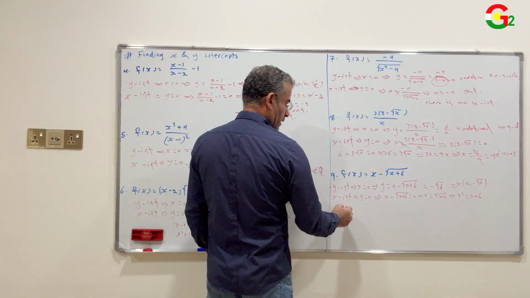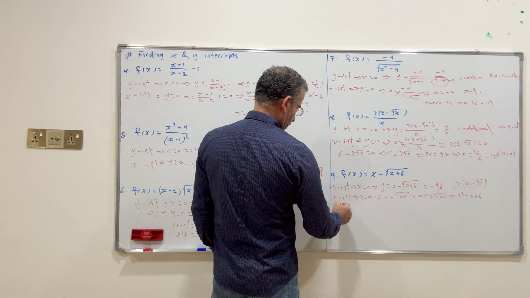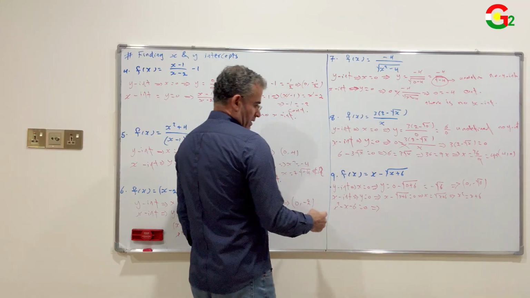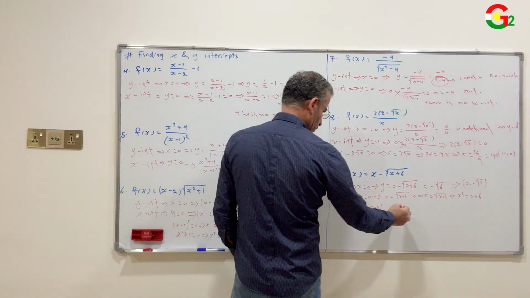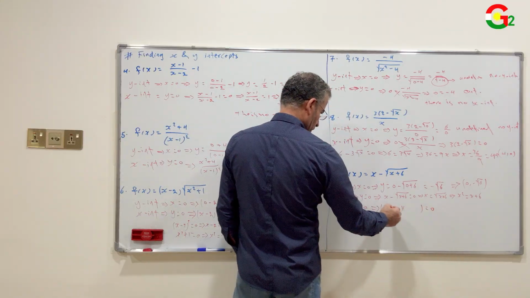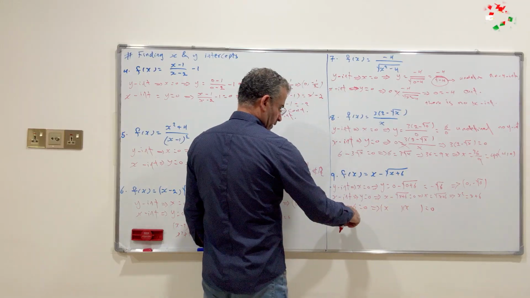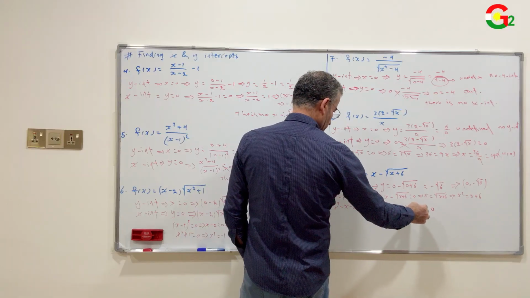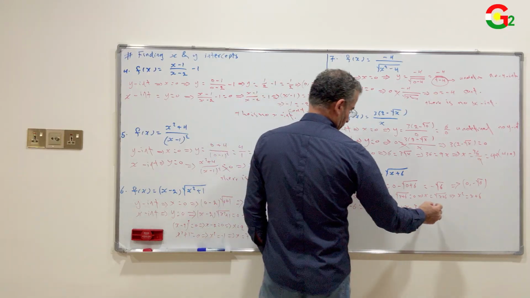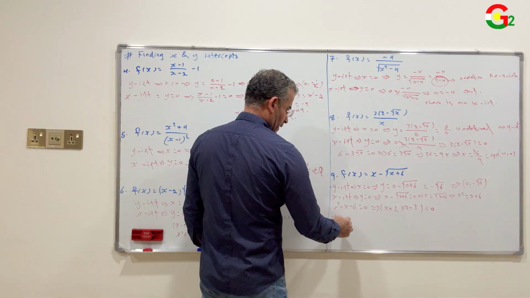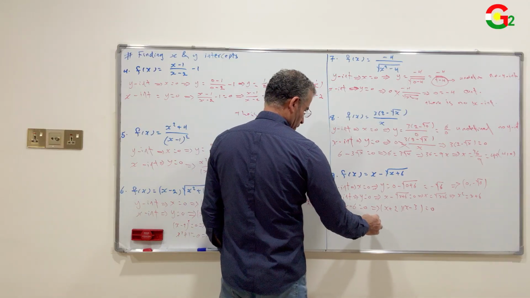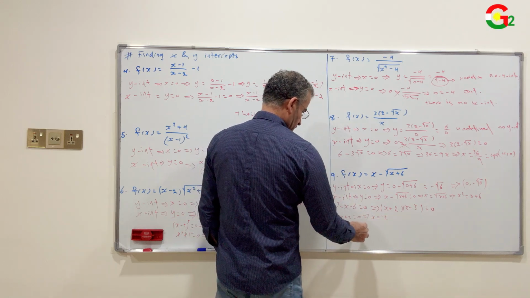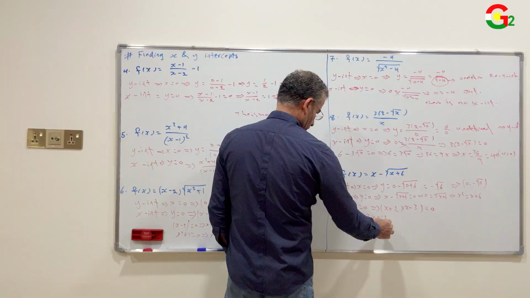Then x power 2 minus x minus 6 equals 0. Factoring: (x plus 2)(x minus 3) equals 0. Then either x plus 2 equals 0, then x equals negative 2, or x minus 3 equals 0, then x equals 3.